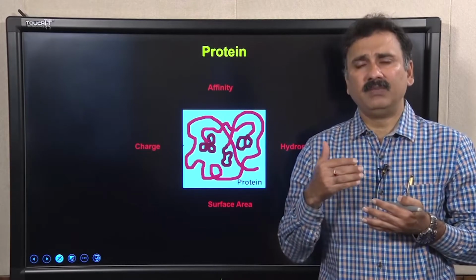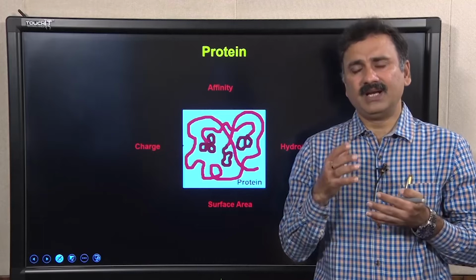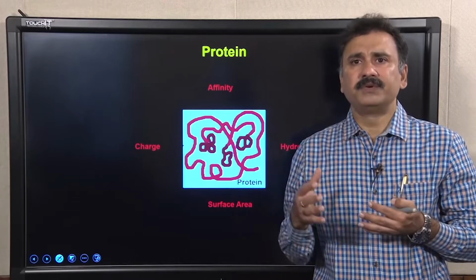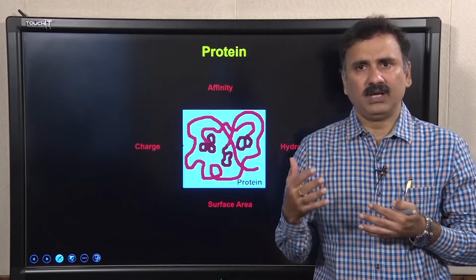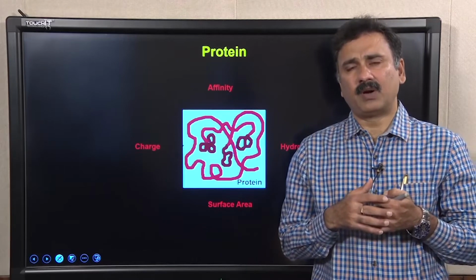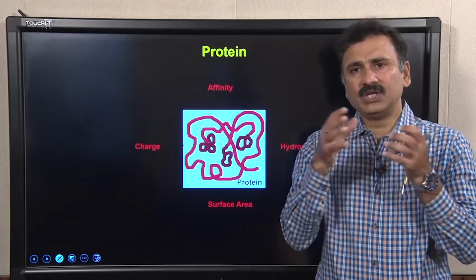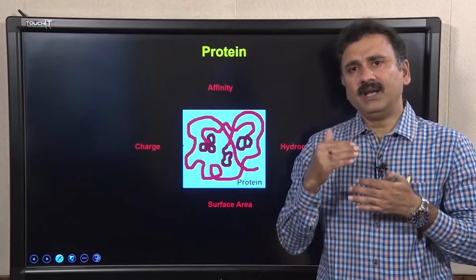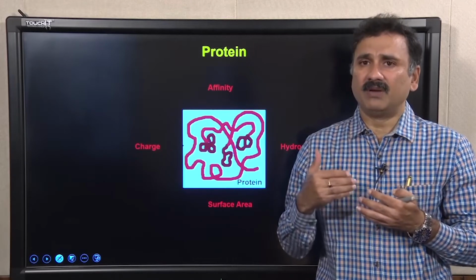This folding is governed by the intramolecular interaction between the side chains present on the amino acids, as well as additional forces which play a crucial role in folding a protein into a proper 3-dimensional conformation. Once the protein is folded properly, it arranges all the amino acids in such a way that it has many different types of properties which can be exploited in different chromatography techniques.